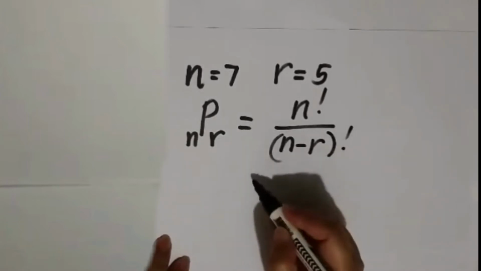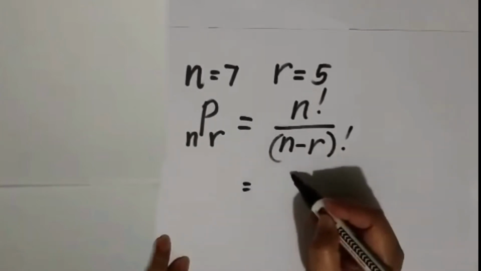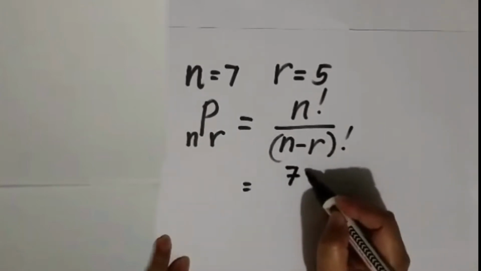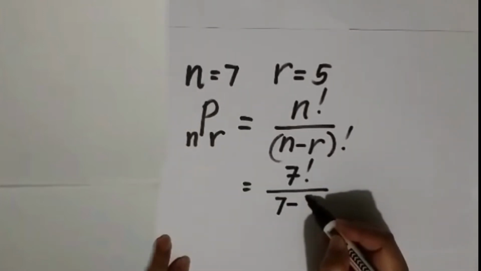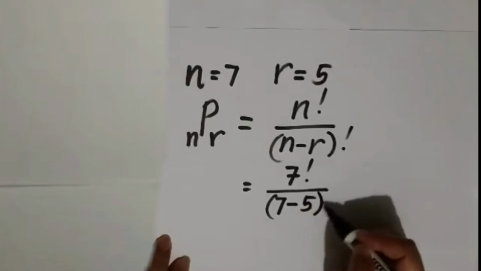Substituting, we have 7 factorial over 7 minus 5 factorial.